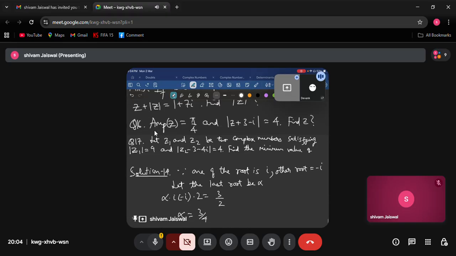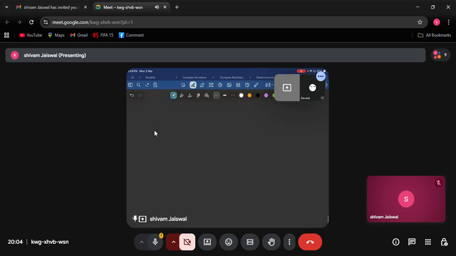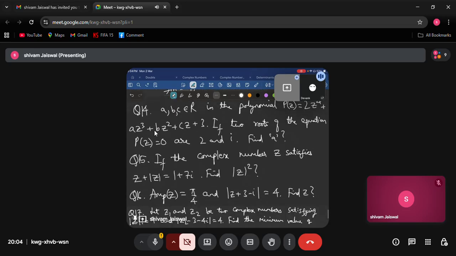I've already found out the last root. Memel, you tell me. To find out the value of a, which relation between the coefficients and the roots should we use? Sum of the roots.